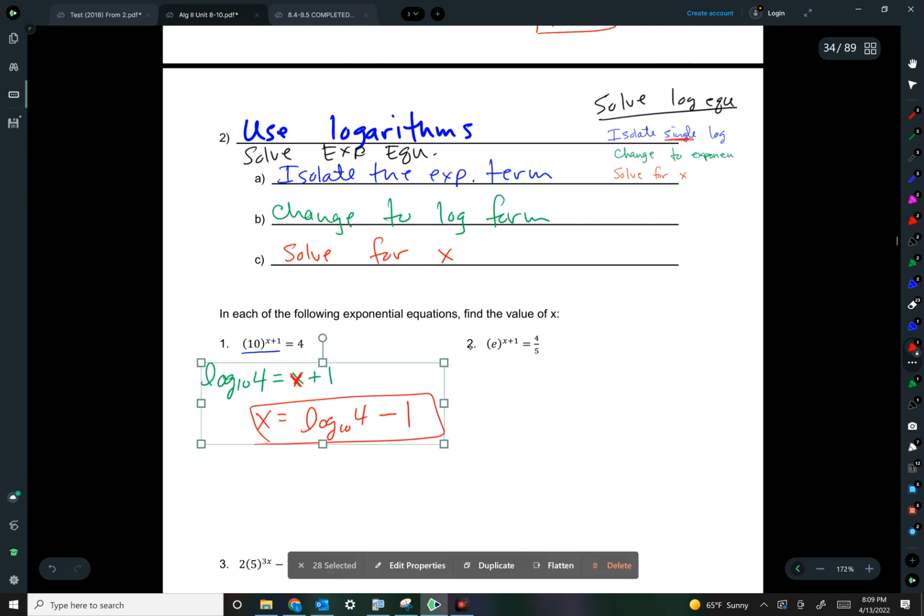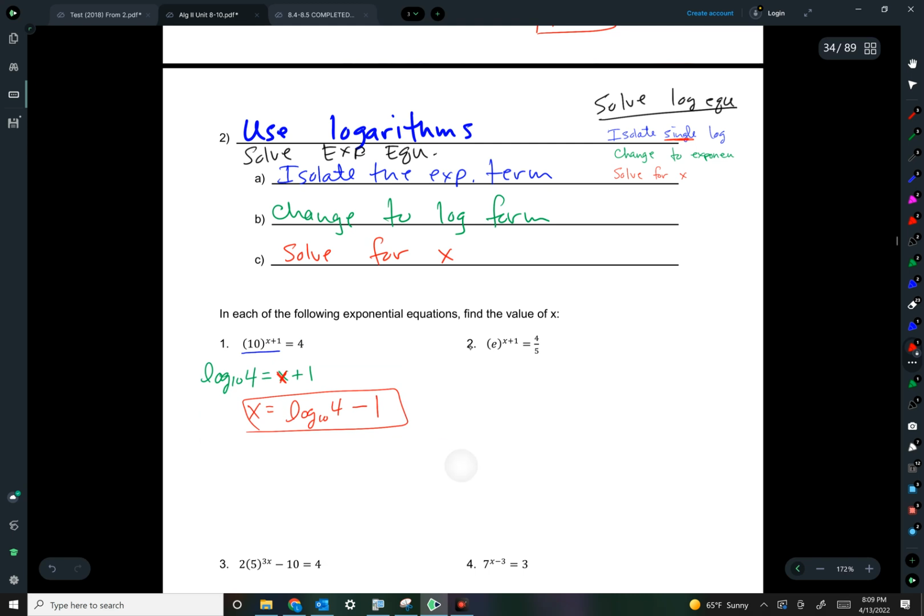Okay? So let's look at number 2. Step 1 is to isolate the exponential term. Well, this is the exponential term because this is the part that has the exponent. It's already by itself. Step 2 is to change to log form. Well, I would say log base e, but remember if it's a base e, we write natural log.